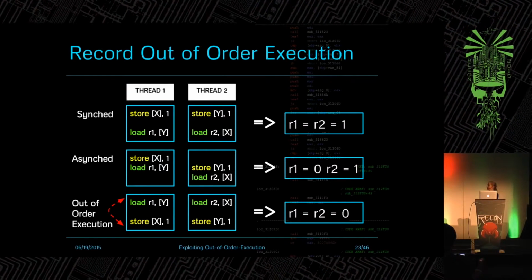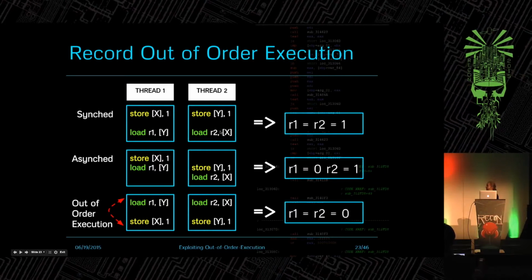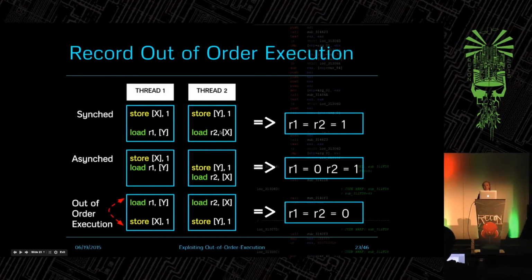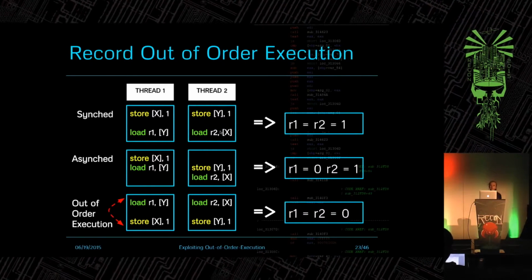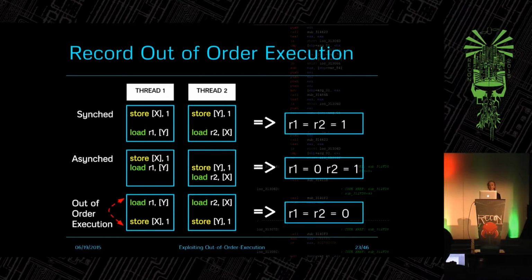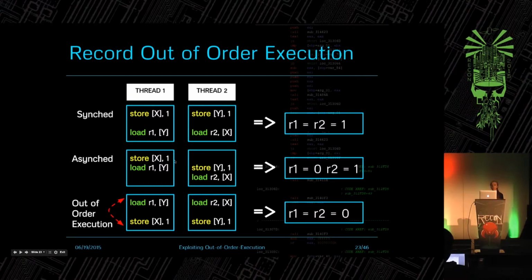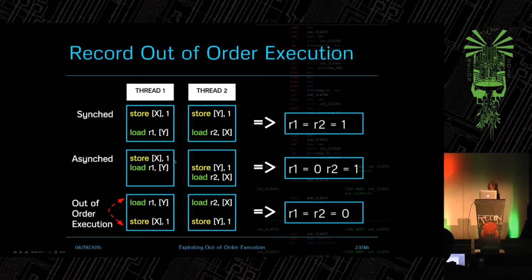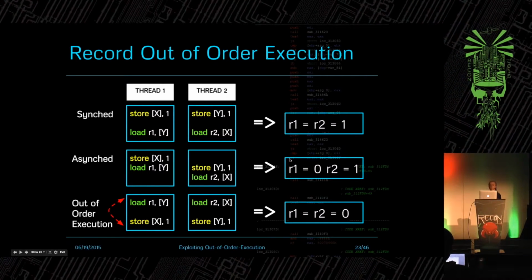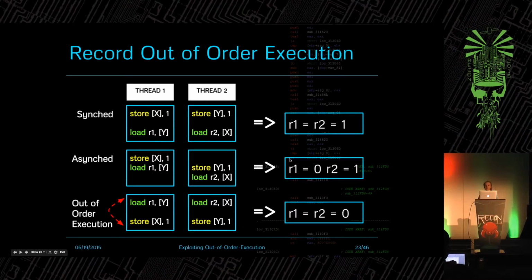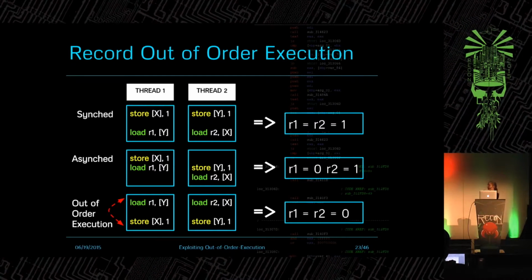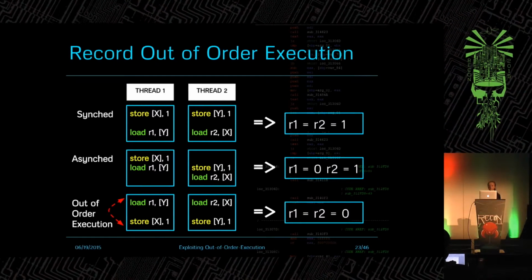So in the perfect world, the synced thread case, you'd get R1 and R2 equals 1. But more often than not, your threads aren't going to be synced. So you can also get a case where the store and load of one happens before the store and load of the other. And in that case, you could get either R1 or R2 being 1 and the other 0. And both of these cases are pretty normal, so we're going to ignore them.